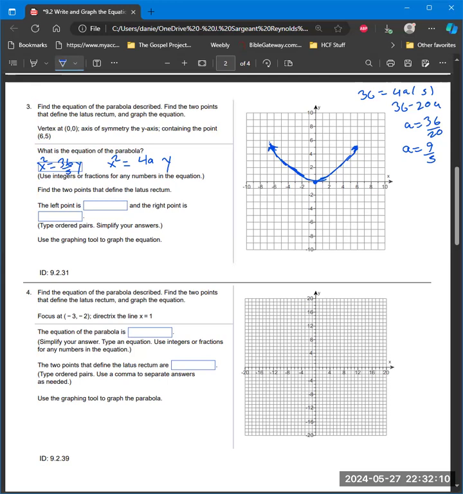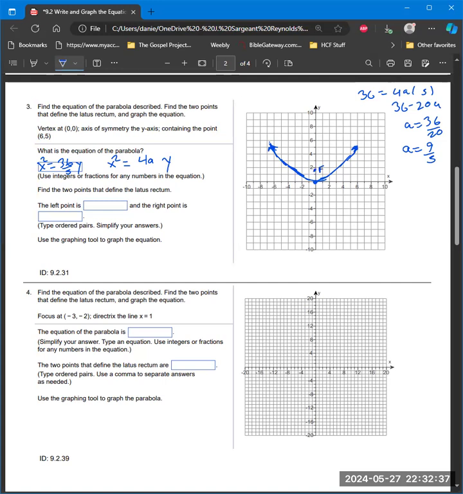And then the 2 points that are going to be on the latus rectum. So let's find my focus first. It's going to be at (0, 9/5). 9/5 is 1 and 4/5, or 1.8, so it's right about there.